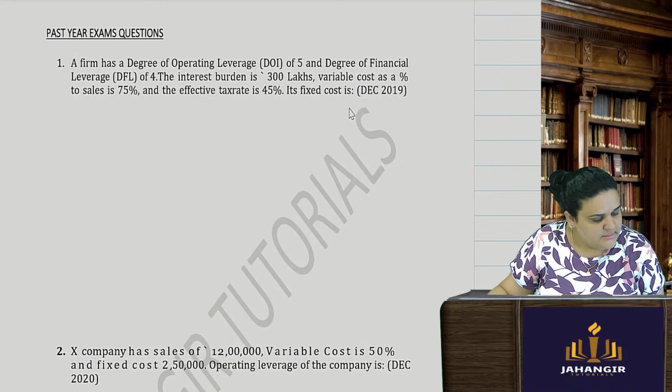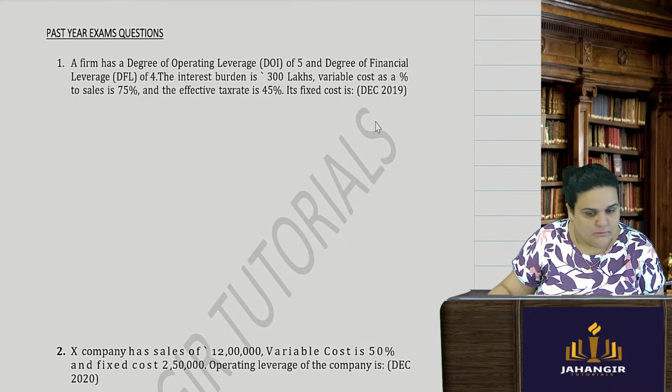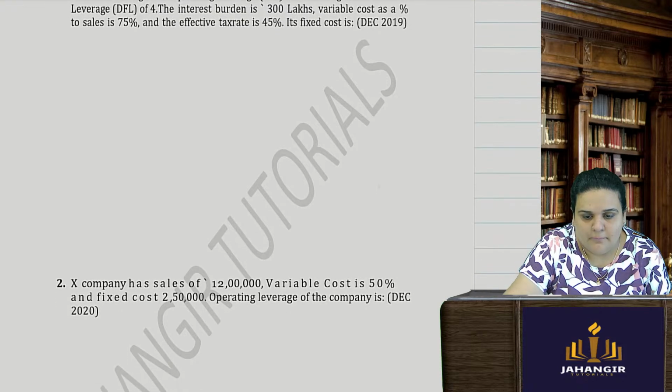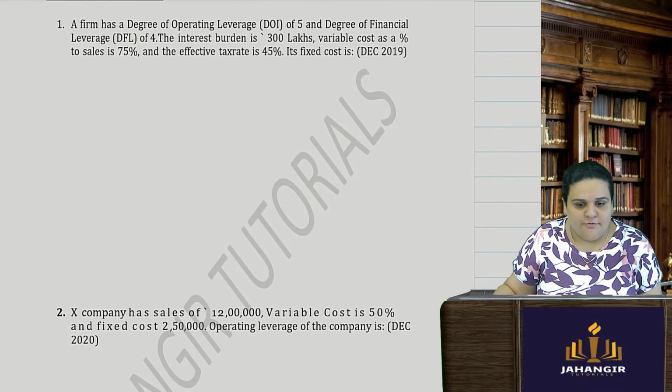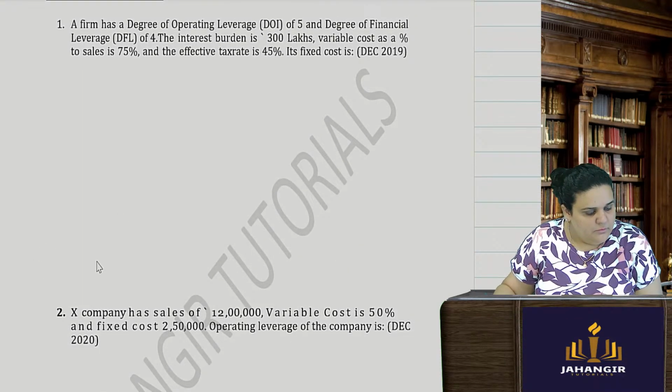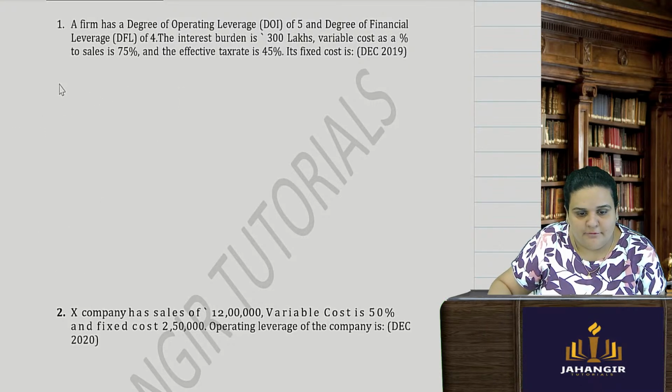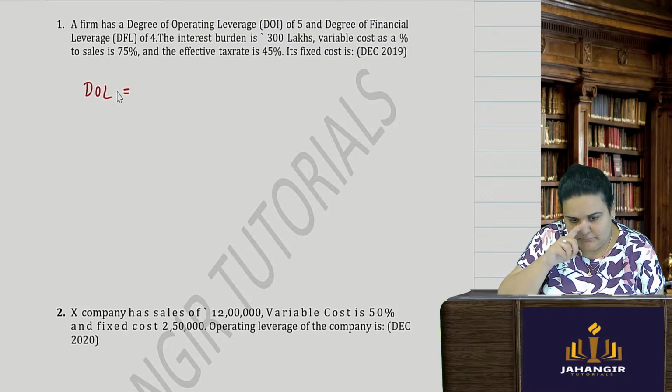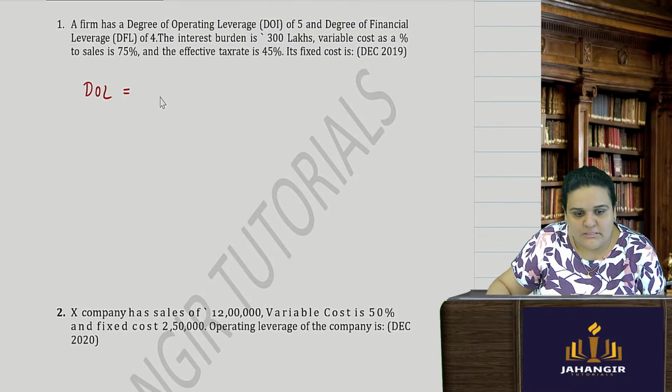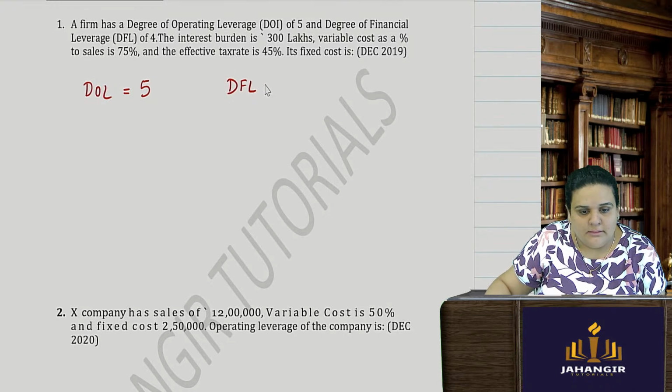What is its fixed cost, they are asking. So degree of operating leverage is equal to 5 and degree of financial leverage they are saying is equal to 4.